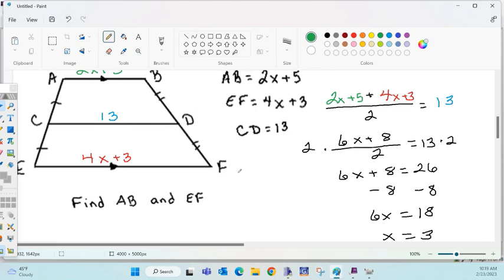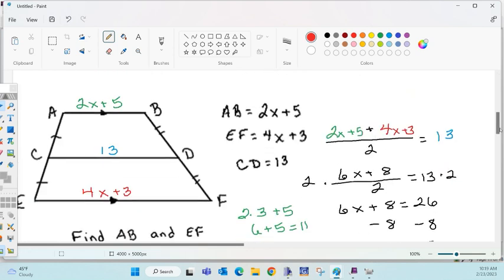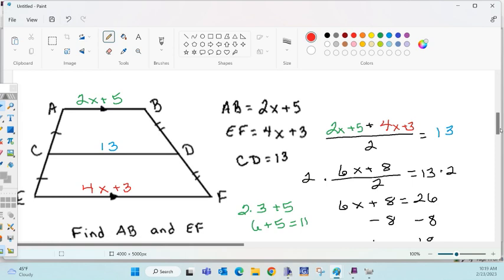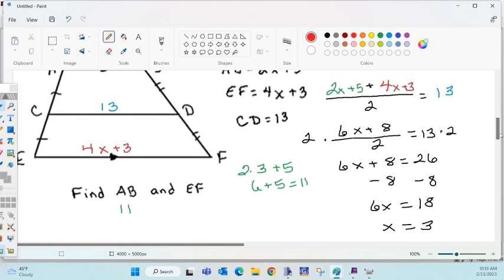So we do 2 times 3 plus 5. So 6 plus 5, we get 11. Got to plug it in. So AB is 11, because we look up here, we have 2x plus 5 is AB. So 2 times 3 plus 5 gives you 11.